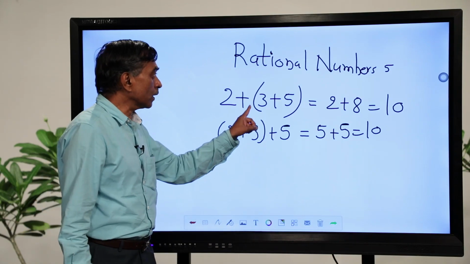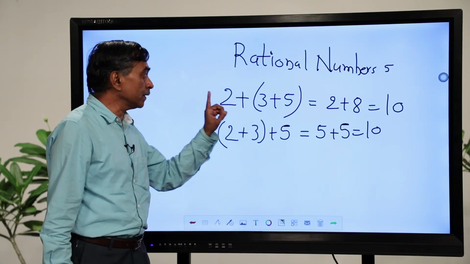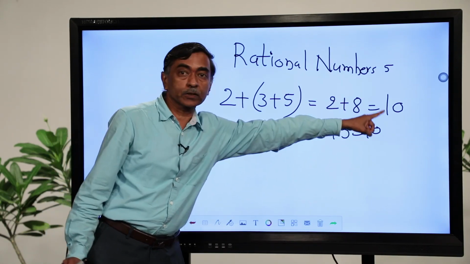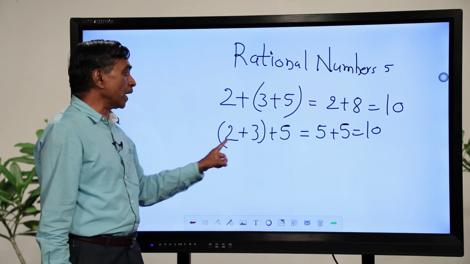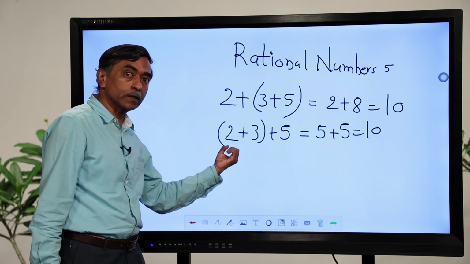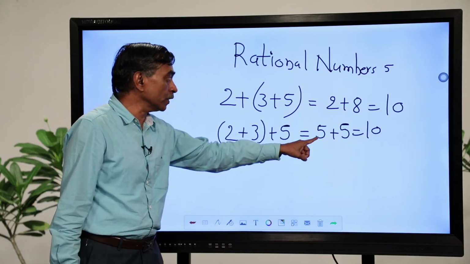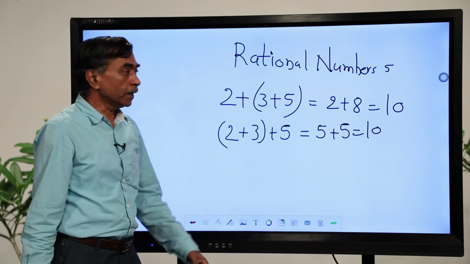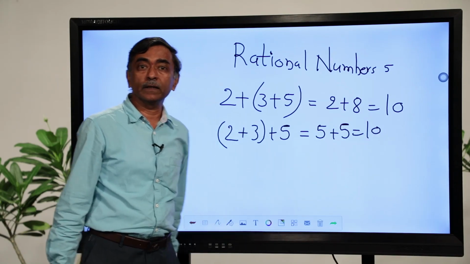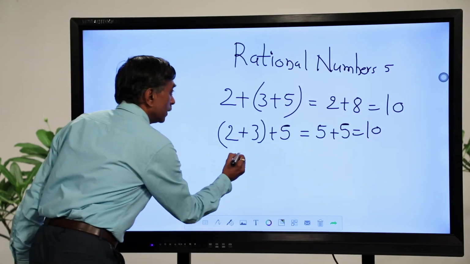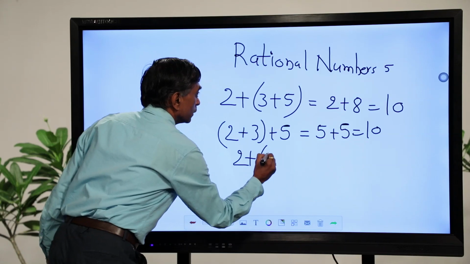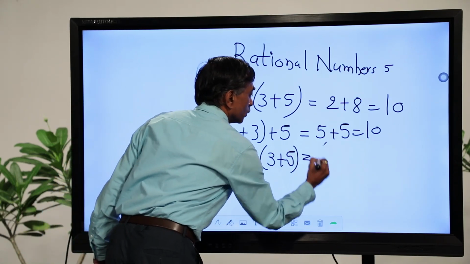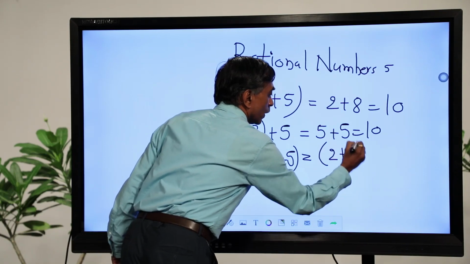In the first case, 3 plus 5 is 8, and 2 plus 8 is 10. Here we first combined these two under the operation of addition, and what we got, that is 5, has been added to 5 again to get 10. In both cases you are getting the same thing, so I can write 2 plus (3 plus 5) is equal to (2 plus 3) plus 5.